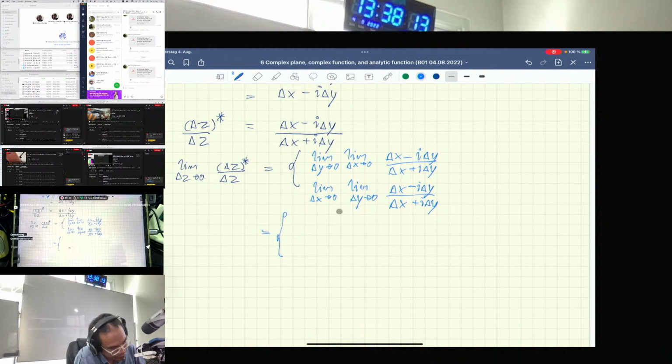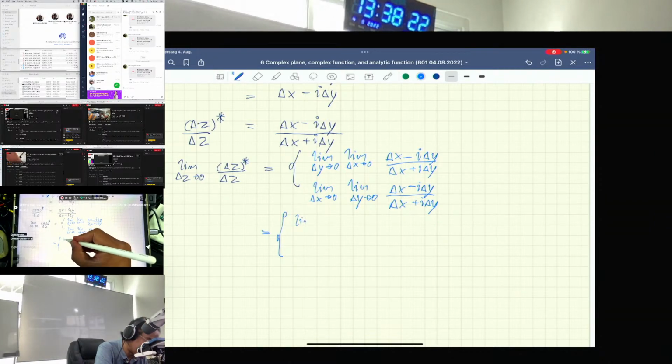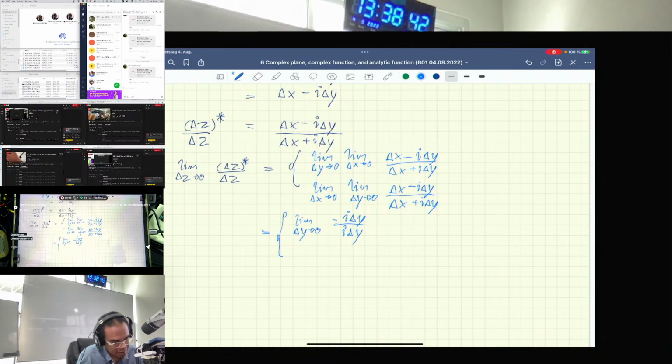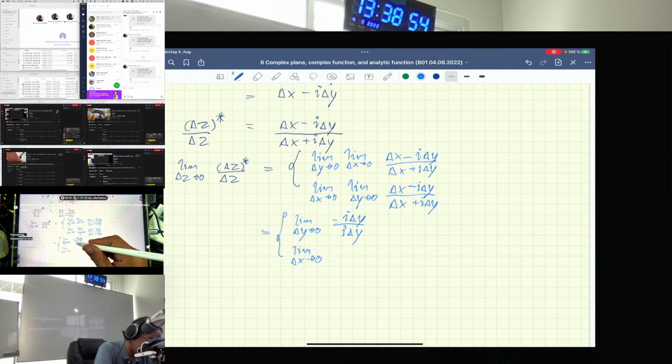Once delta x tends to 0, this term will disappear. So you will have limit delta y tends to 0, and once this term doesn't exist anymore, you're going to have minus i delta y divided by i delta y. And once delta y tends to 0, we would not have anything here. The thing that we would have is limit delta x tends to 0 of delta x divided by delta x.